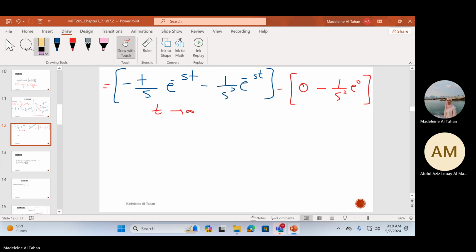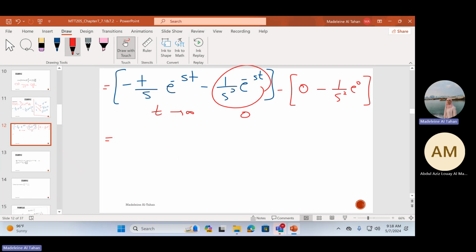Right, Miss? Is that the way that we evaluate? Now this one, it's 0. It's clear that it's 0, right? 1 over s squared times e power negative infinity.